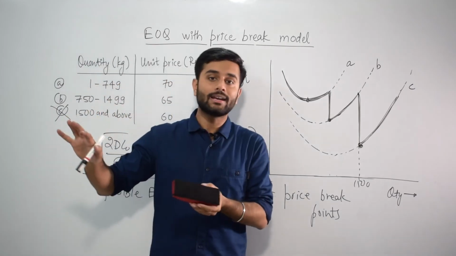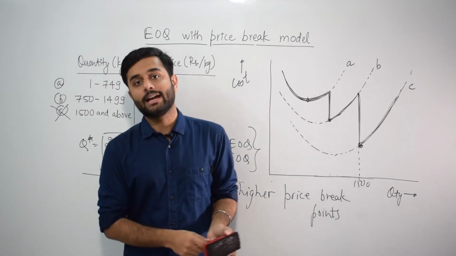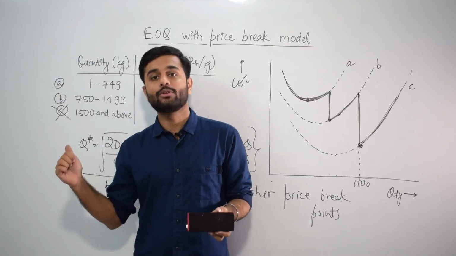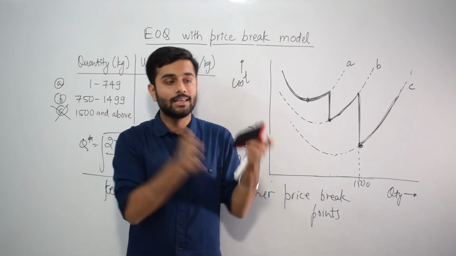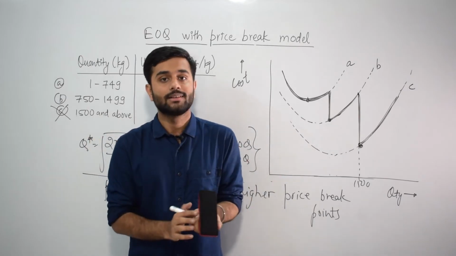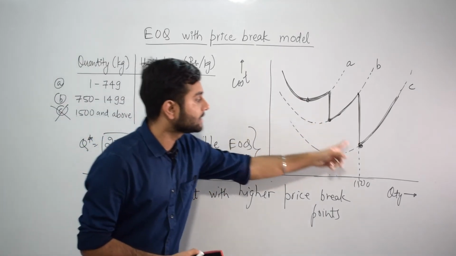Now in different sources, most of them will directly tell you to calculate the total cost at any feasible EOQ and at price breaks. The least cost will give you the desired answer. But why it happens, you can understand from the graph. The EOQs are going like this, right?